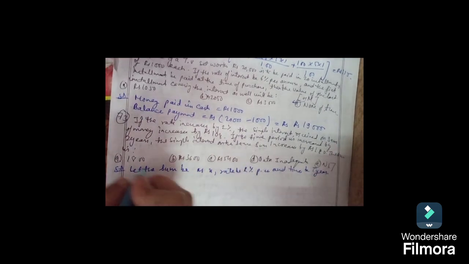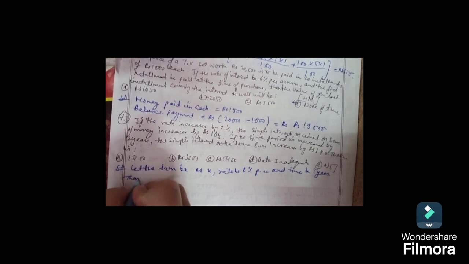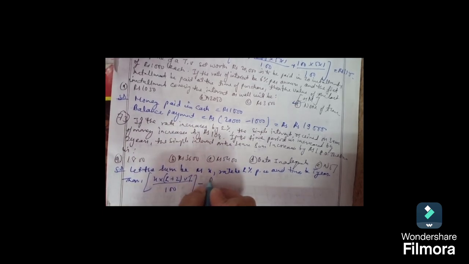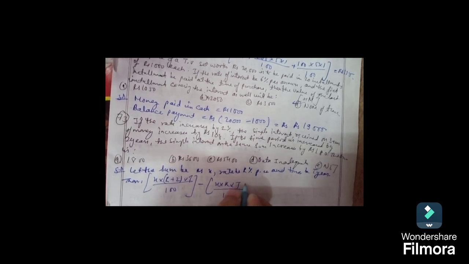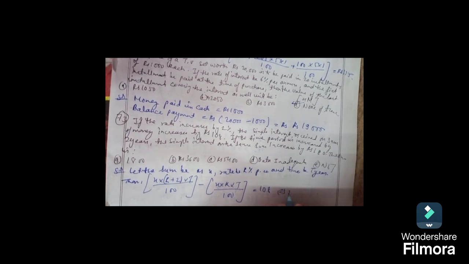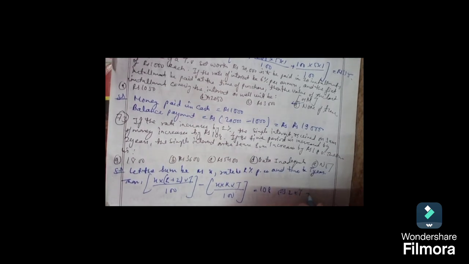Then X into (R plus 2) into T upon 100 minus X into R into T upon 100 equals 108, so 2XT equals 10800.